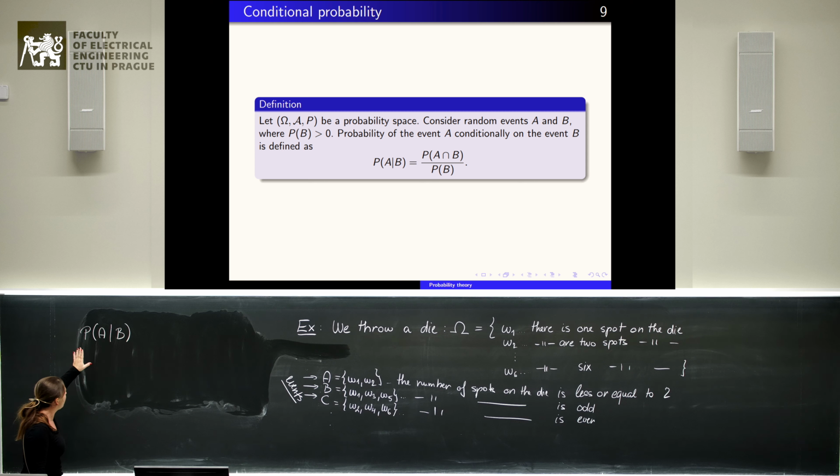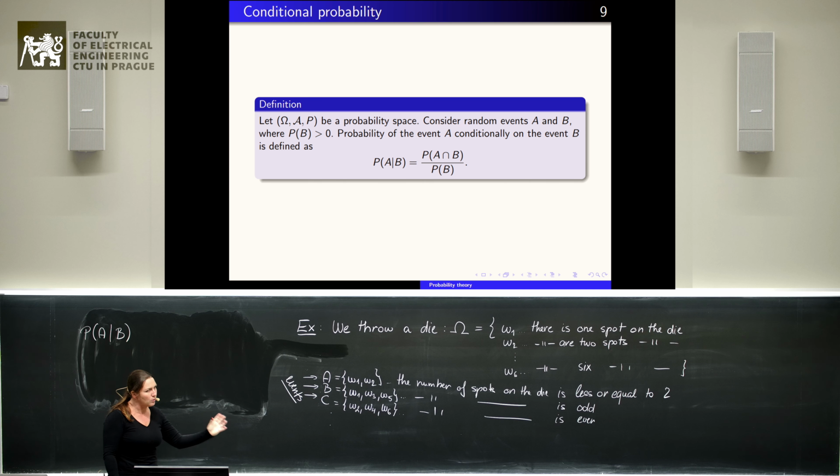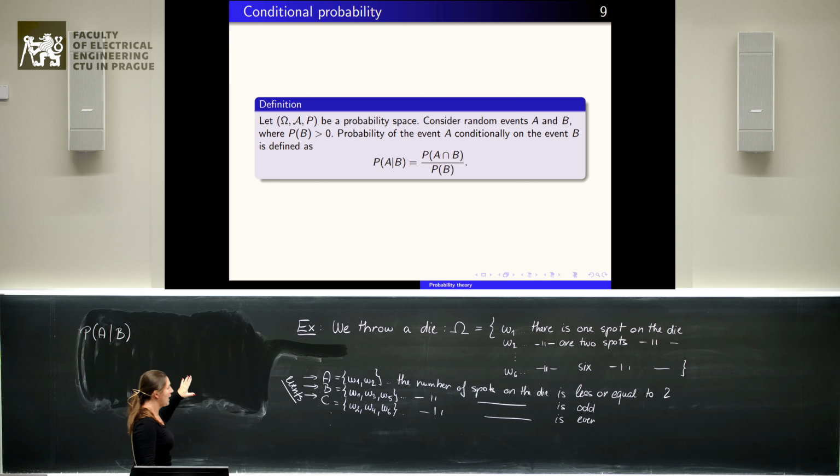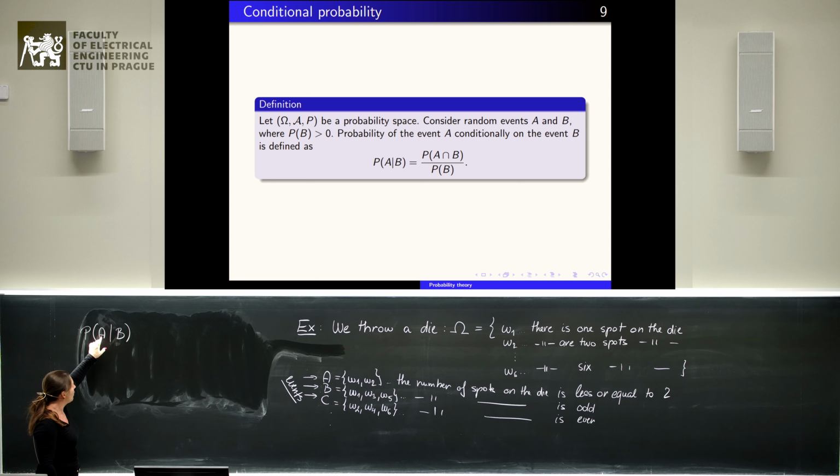It means that we know that the event B occurred. We know that when we threw the die, the number of spots is odd. And we ask, what is the probability that the number of spots is less or equal to 2? Conditionally on knowing that the number of spots is odd.